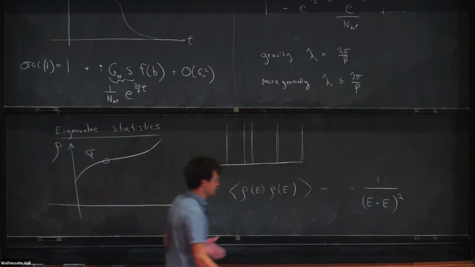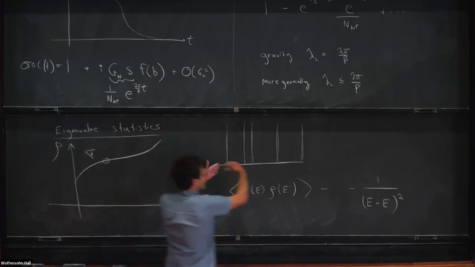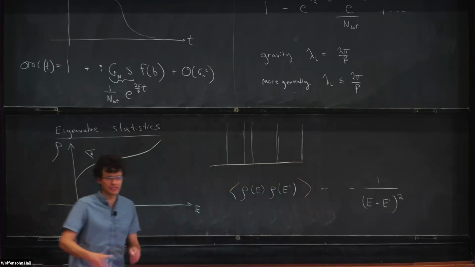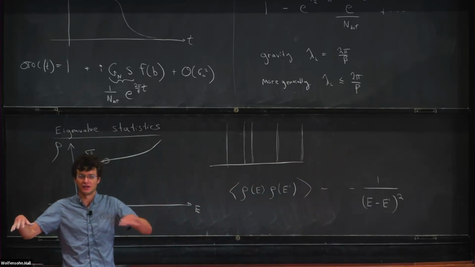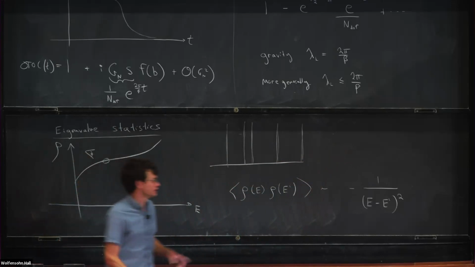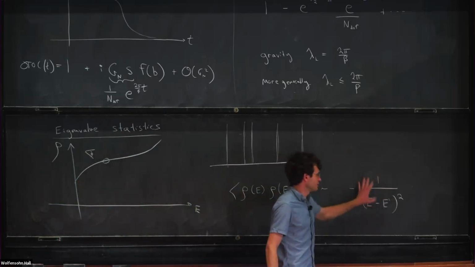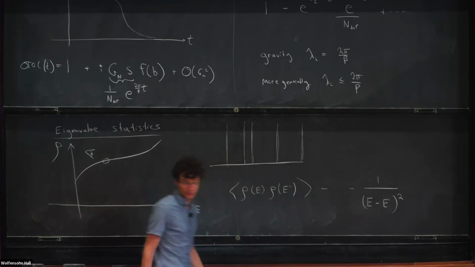So if the energies are fairly large, so many eigenvalues spaced, it's still true that a little overdensity of eigenvalues here is correlated with a little underdensity somewhere nearby. So that's why we have a minus sign here, and the particular power is a computation in random matrix theory.